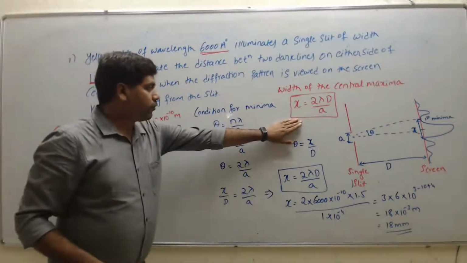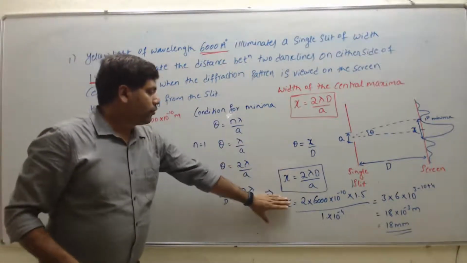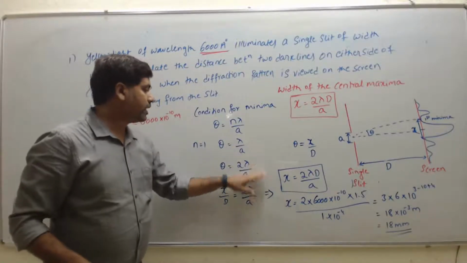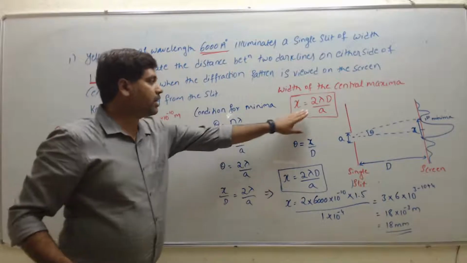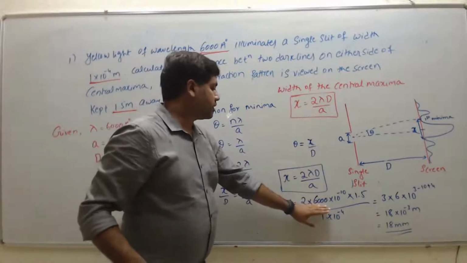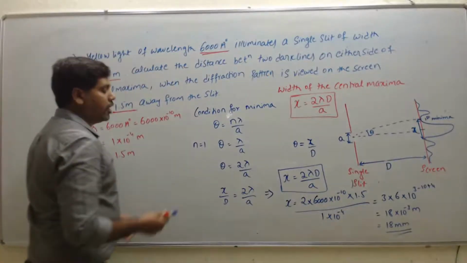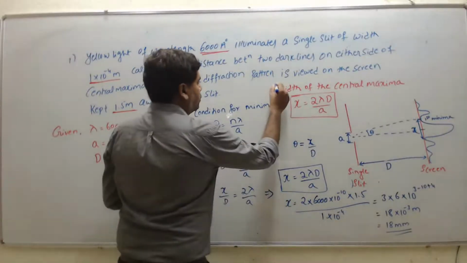So if we know this formula, we need not solve up to this one. We need not find it by simplifying like this. We can directly write the formula and substitute the values, then we get the answer. So we have to note this one directly.